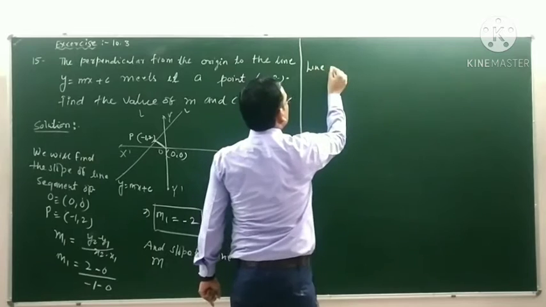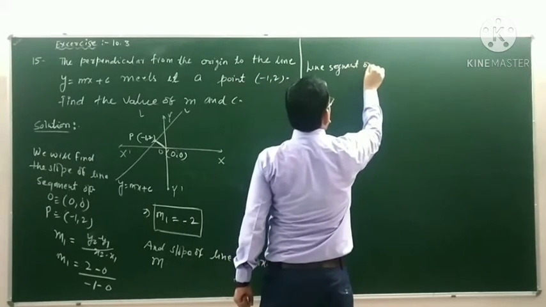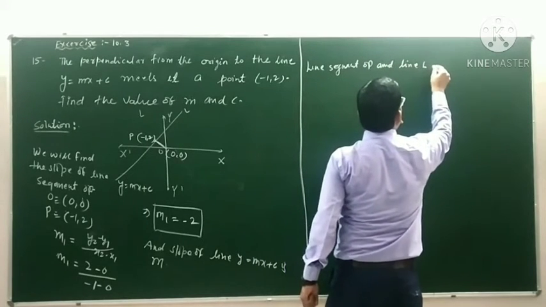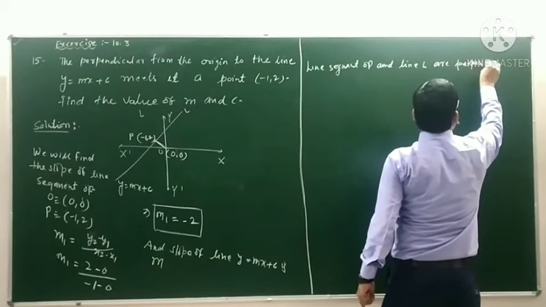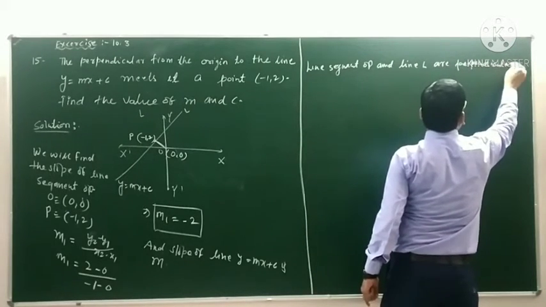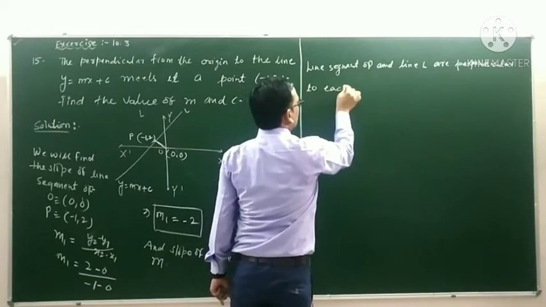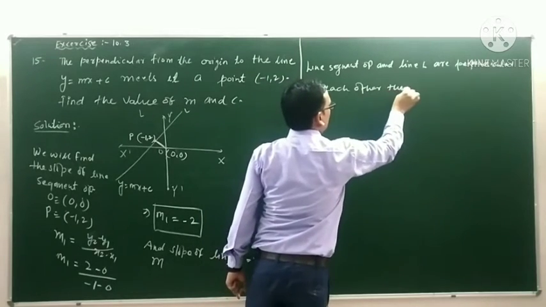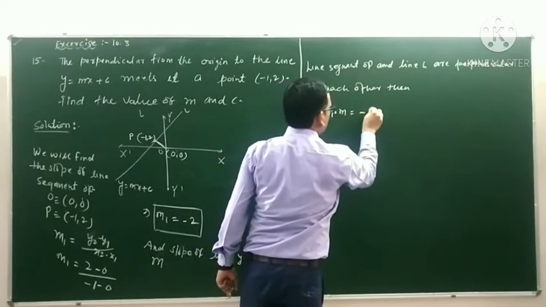Line segment OP and line L are perpendicular to each other, then m1 into m is equal to minus 1.